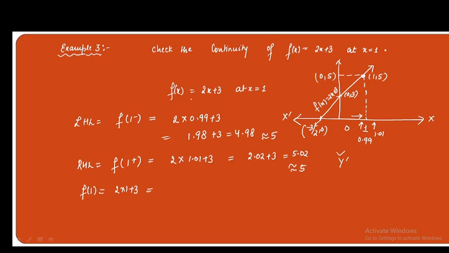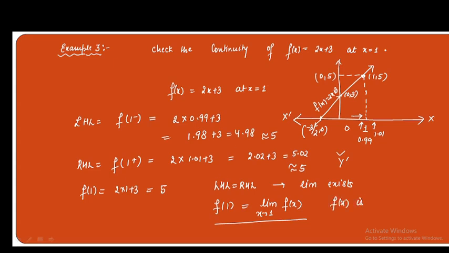Just put the value of 1 in the function, you will get 5, right? So here LHL is equal to RHL. This means limit exists. Second is f(1) equal to limit x tends to 1 of f(x), correct? So both the conditions are fulfilled. So we can say that f(x) is continuous at x equal to 1.